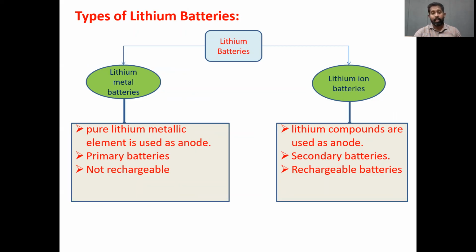Lithium metal batteries are primary batteries which cannot be recharged, whereas secondary lithium ion batteries are what we use in our laptops, mobile phones, and watches. We can recharge these batteries. Okay, can we move forward?